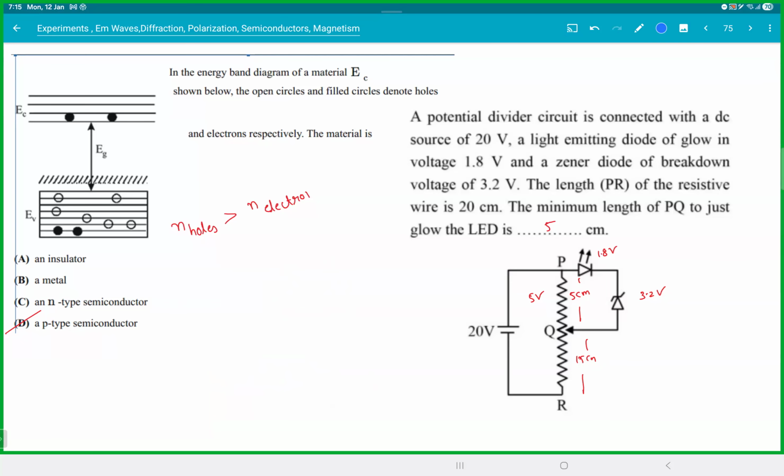It is not like that. How do we define the energy level? K Q1 Q2 by R squared, right? That R is the distance between the nucleus and the electron. So it depends on the distance actually. It does not depend on what 3s is. That would be the right way to see it. I just took it as a fixed orbit and thought it would be like that. That was a mistake.